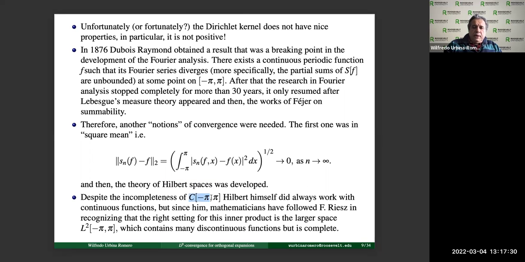Of course, people were most of the time working with continuous functions between negative pi and pi, but following Frigyes Riesz, it was recognized that this setting was not the most convenient because the space of continuous functions was not complete. So you need to go to L2, even though it contains many discontinuous functions, but it is complete.